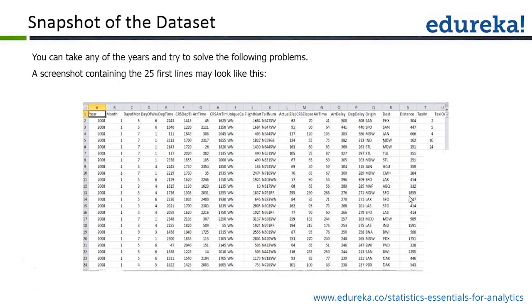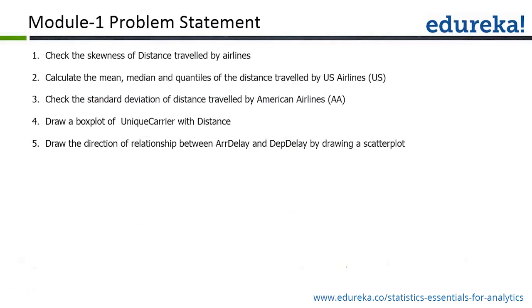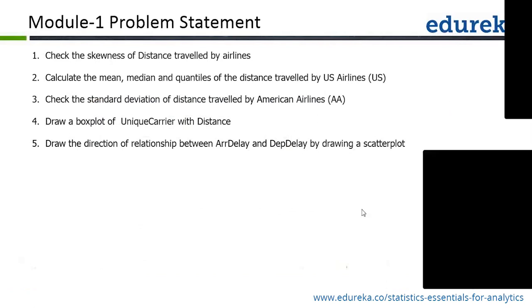And draw the direction of relationship between arrival delay and departure delay by drawing a scatter plot. One thing you will realize is that if the data is very small, say only 25 lines, then you yourself can do this by hand. But now that we know how to do this by hand, let us see how to practically use some tool to find the solutions for these questions.